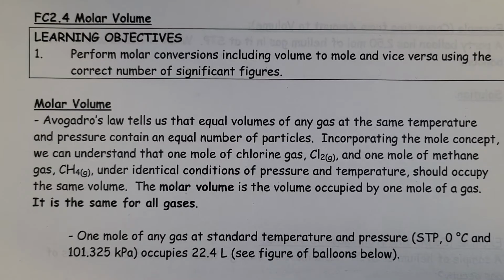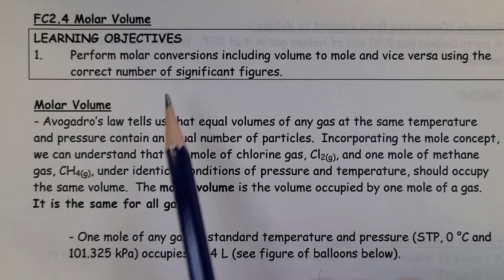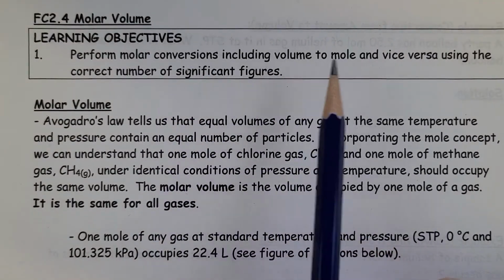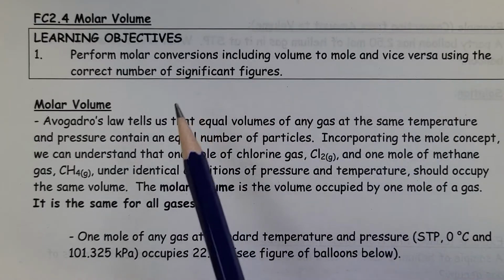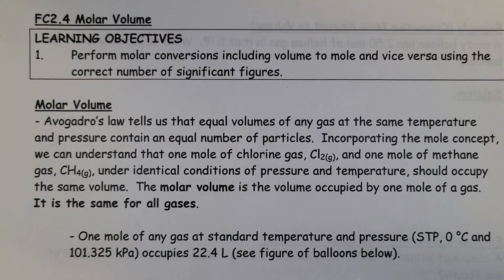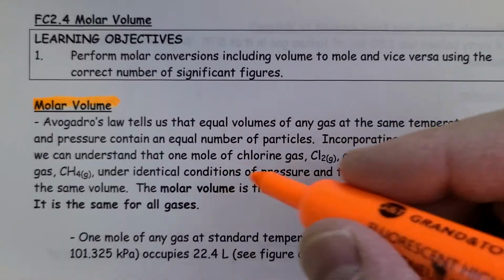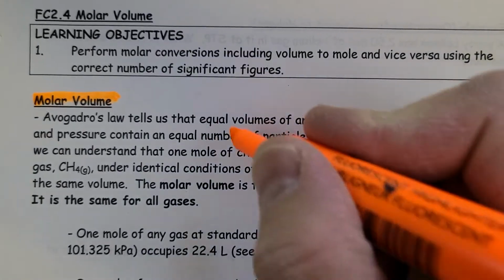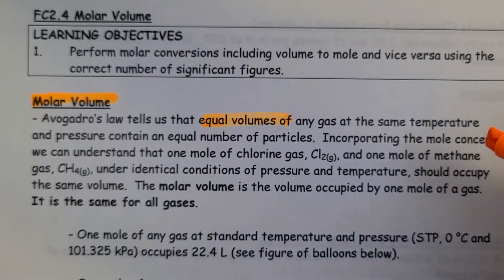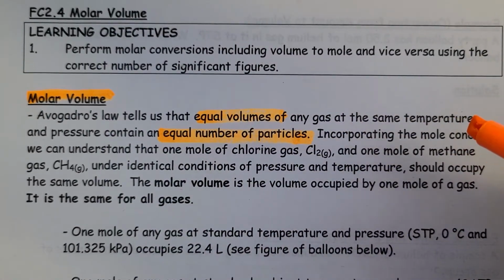So this is the FC2.4 molar volume, in which we'll perform molar conversions including volume to mole and vice versa using the correct number of sig figs. So molar volume: Avogadro's law, which we don't take but we should mention here, tells us that if I have equal volumes of gas at the same temperature and pressure, they contain equal numbers of particles.